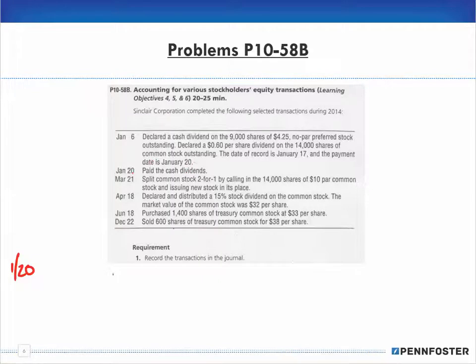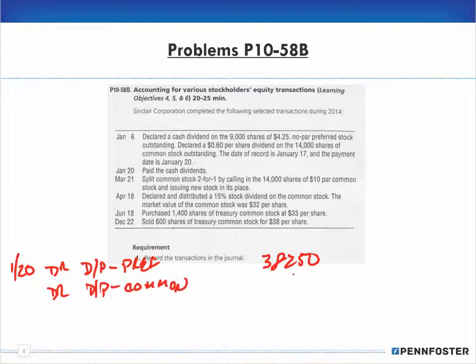Since we credited our dividend payables, we're going to now debit the dividend payable preferred in the amount of 38,250, and we're going to debit the dividend payable common for the 8,400, and we're paying it out, so we're going to credit our cash for the 46,650. Okay, so that's that journal entry. Pause the video. I'm going to erase it.